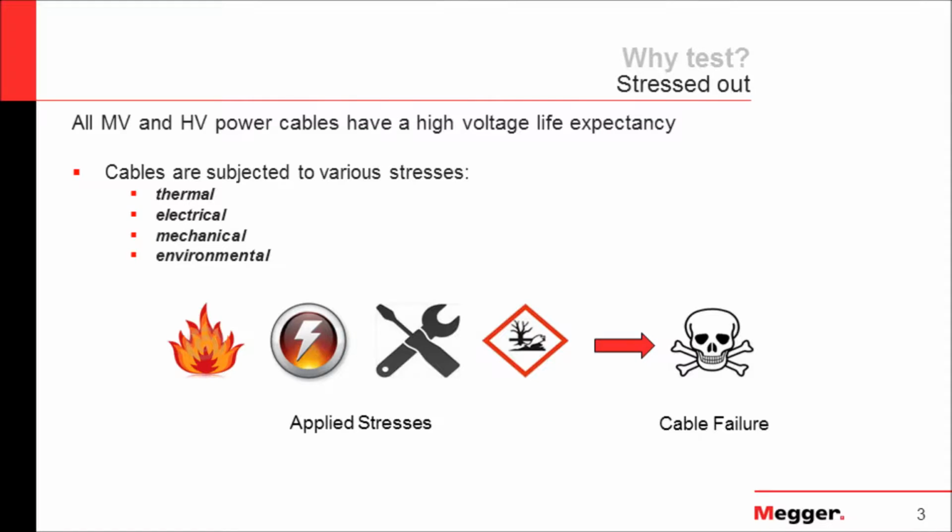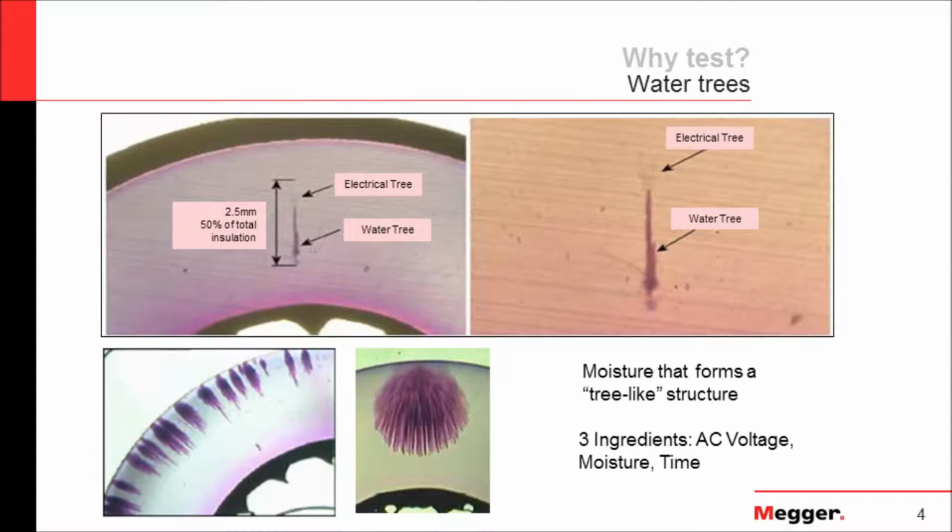And one of the leading aging conditions of medium voltage cables is something called a water tree. A water tree is moisture that's stuck inside the cable, and it forms a tree-like structure, or like a bush-like structure. And all you need to have a water tree are three ingredients. You need AC voltage, you need moisture, and time.